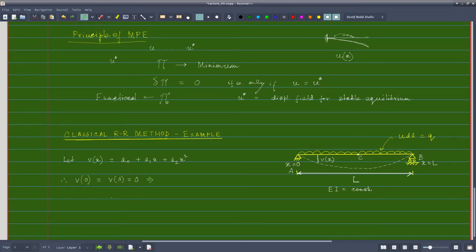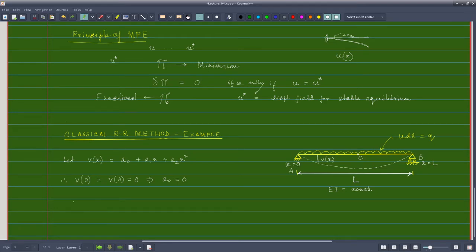This means my a0 will be 0, because when I put x equal to 0 in this equation, a0 is 0.